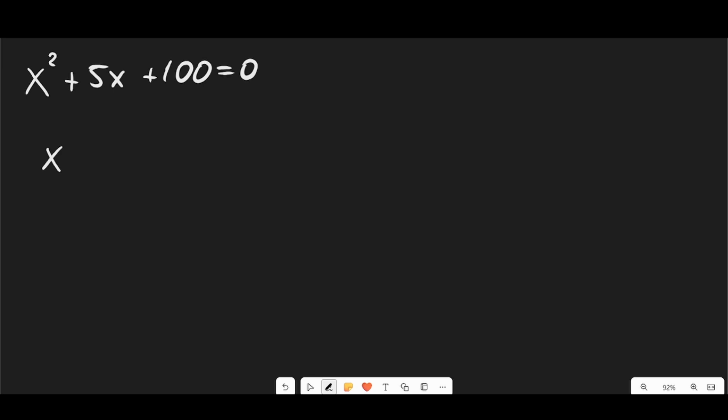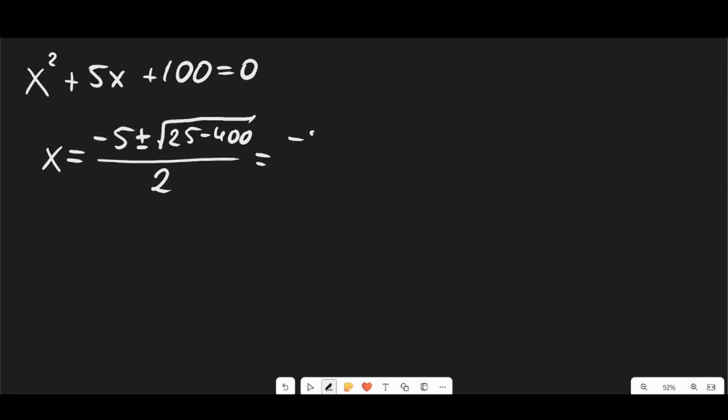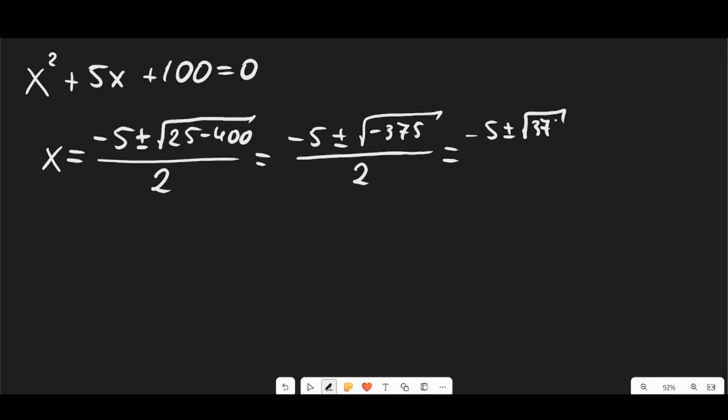So if we use the discriminant formula, we would get negative 5 plus or minus root of 25 minus 400 over 2. And this equals negative 5 plus or minus root of negative 375 over 2. And if we take the root of 375, this equals negative 5 plus or minus root 375 times i over 2.